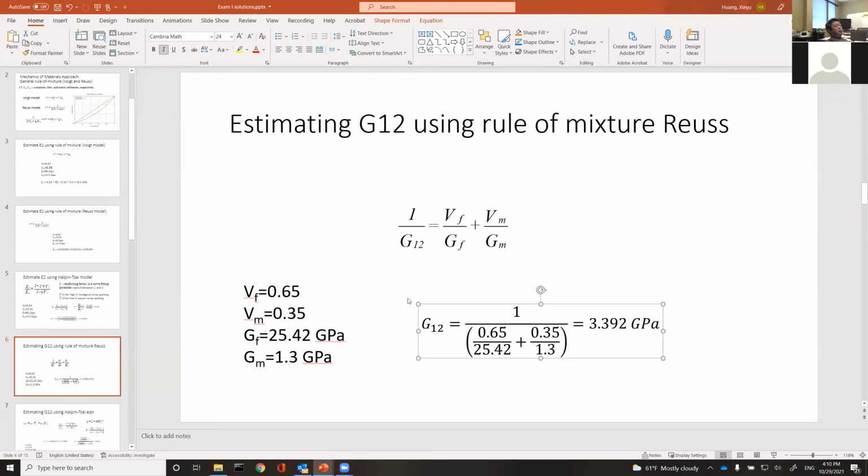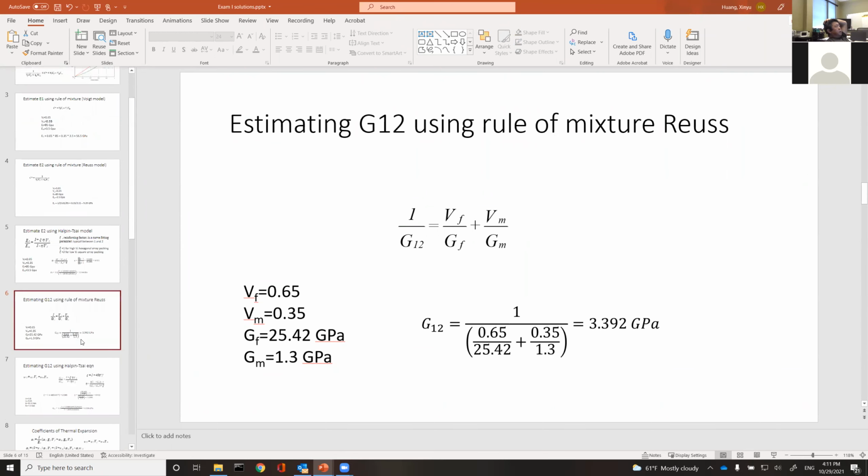Because I use gigapascal, both my outputs will be gigapascal as well. Now if you put a 35e9 here, then you'll get a pascal out of here. Okay. Any questions? Make sense?